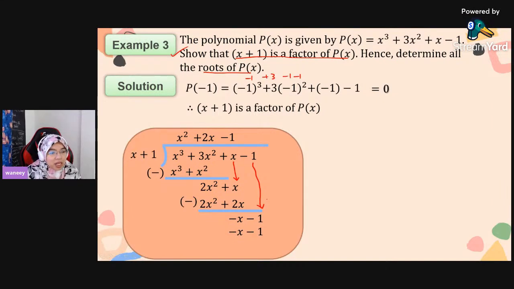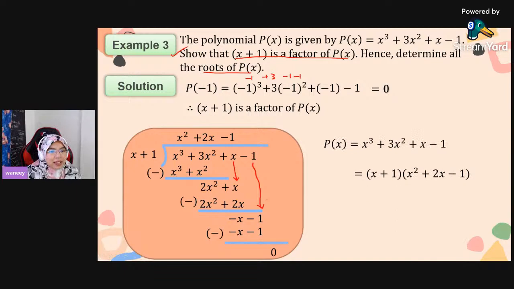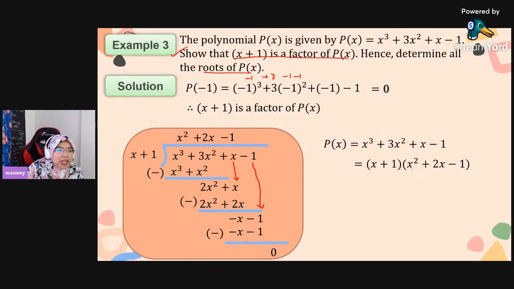When you deduct the same thing, they become 0. That means I've done the factorization in a good way because I get 0 as the remainder. So P(x) equals x plus 1 multiplied with x squared plus 2x minus 1.